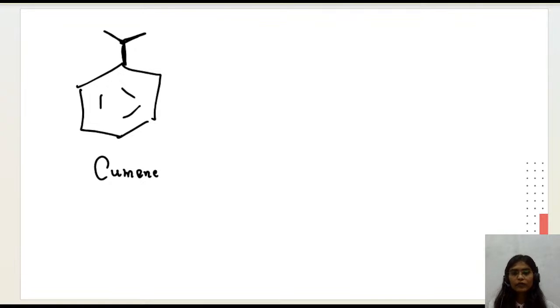What is the IUPAC name for this? Yes, very good, Abhishek, it's electrophilic substitution reaction. One methyl ethyl benzene.